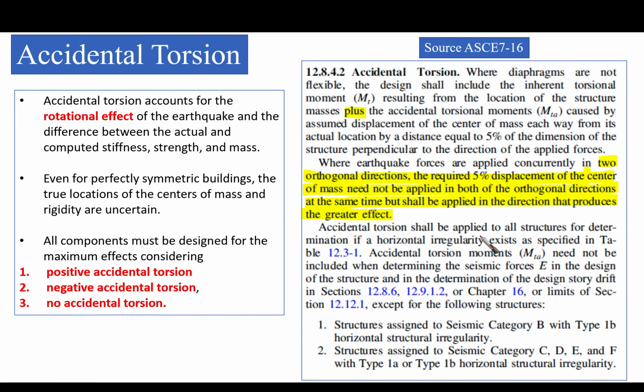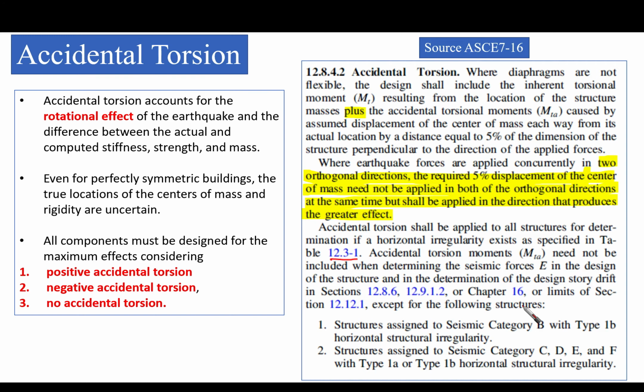Accidental torsion shall be applied to all structures for determination if a horizontal irregularity exists, as specified in the table that I have shown to you. Accidental torsion moments, MTA, need not be included when determining the seismic force E in design of structure and in the determination of design story drift, except for the following.